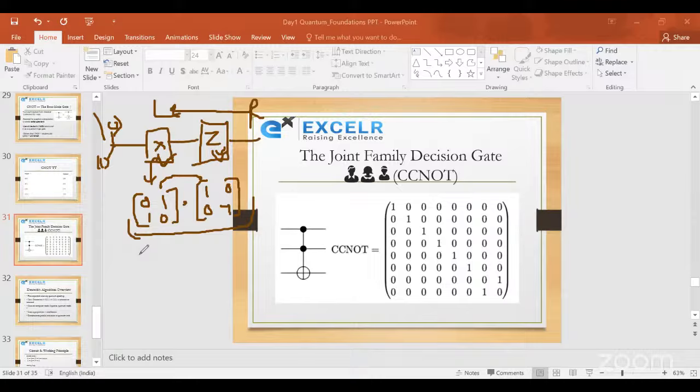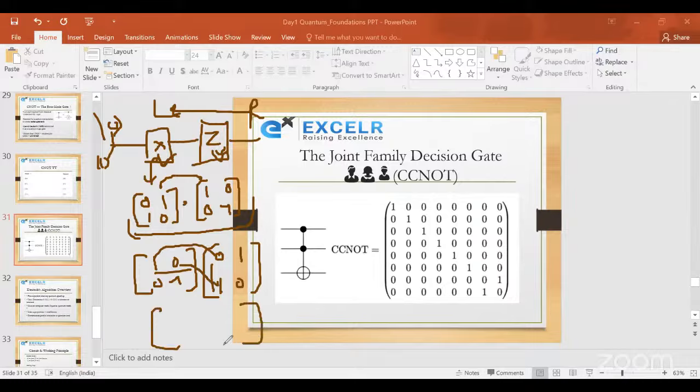So right to left means we have to take the matrix of Z first, that is 1, 0, 0, minus 1. Then we have to take the matrix of X, 0, 1, 1, 0, like this. Then we can do the multiplication, row by column multiplication, and write it like here.